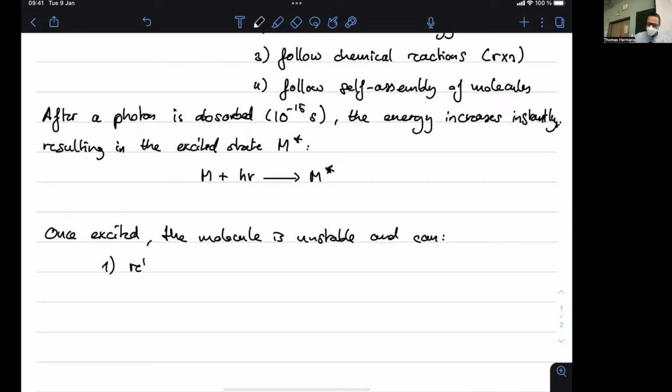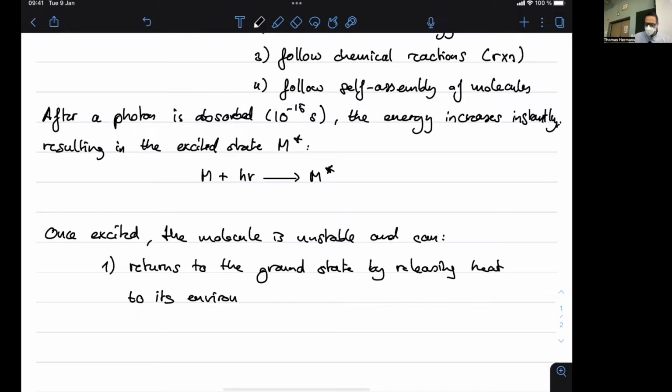One is it returns to the ground state by releasing heat to its environment. So that would be M star goes to M plus heat. So the ground state is état fondamental, I guess, in French. Okay, I'll write it later.